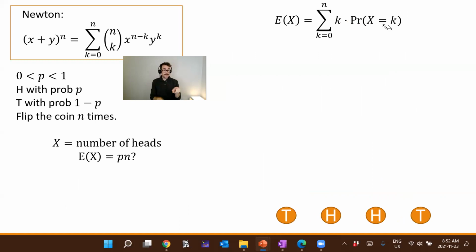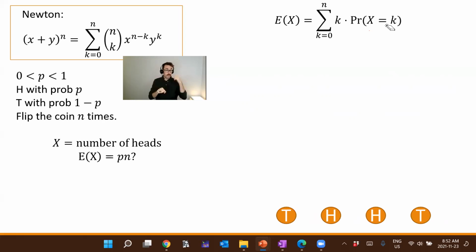Now of course, this defines an event. To find the probability of an event, we have to sum up the probability of all of the outcomes in that event. So what are the possible outcomes and what are their probabilities for this event?